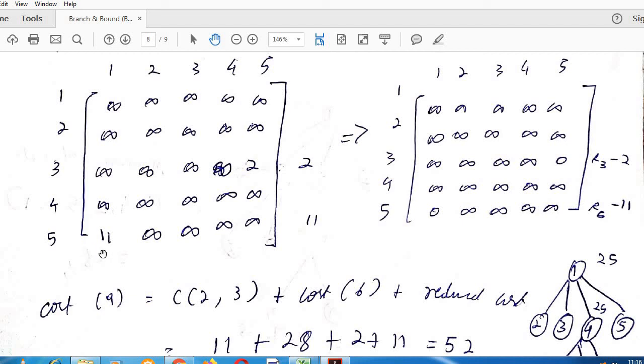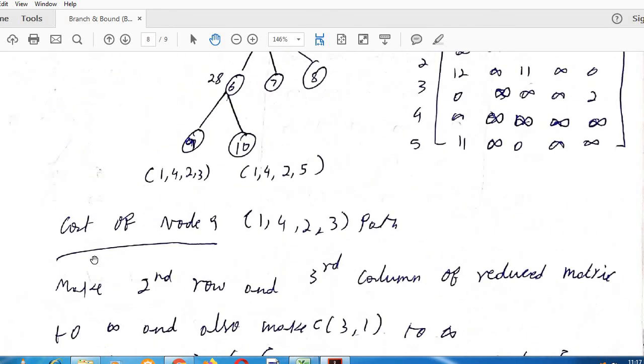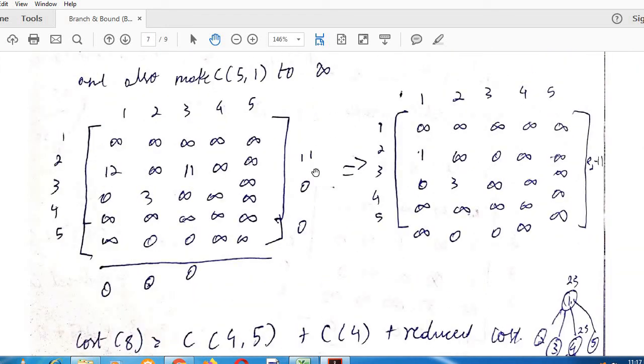After this I will subtract all the third row elements with minimum value 2 and all the fifth row elements with minimum value 11. This you have to make sure: after performing row minimization, if you get the value 0, since it becomes 0, we should not consider it for column minimization, whereas in other examples it was different.